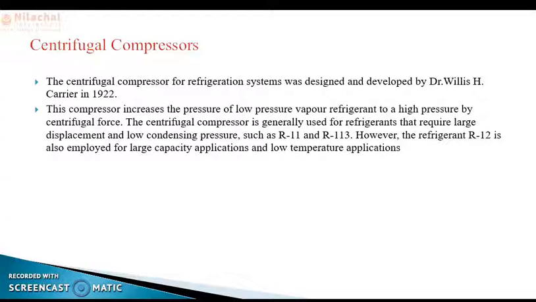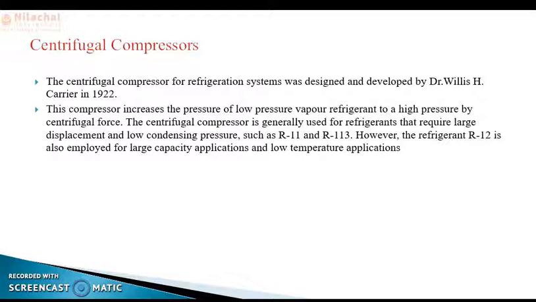But in the dynamic compressor, first you are increasing the kinetic energy, then you are converting that kinetic energy to the pressure energy with the help of Bernoulli's equation.